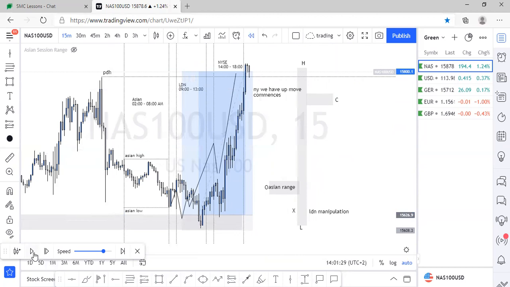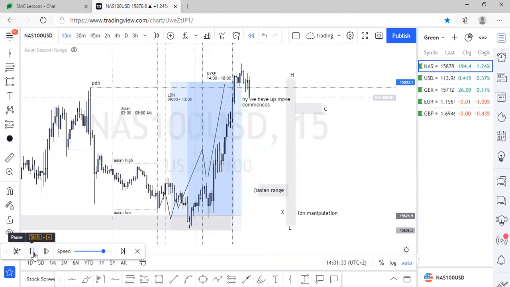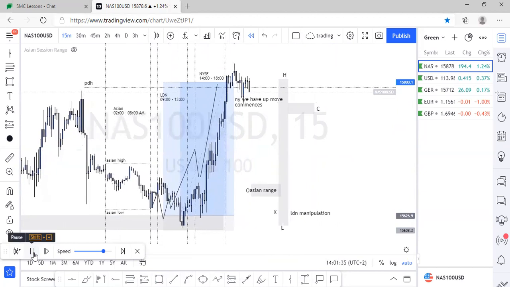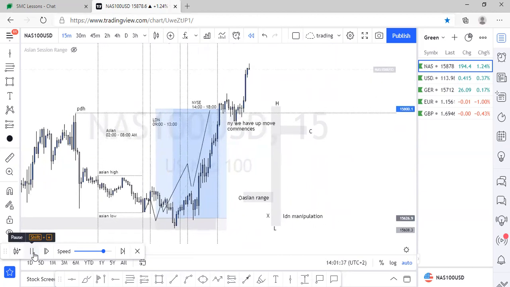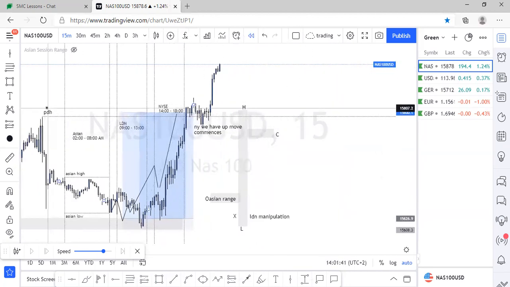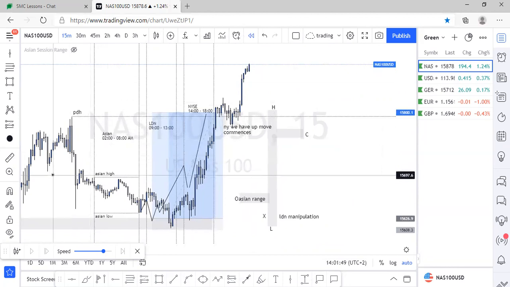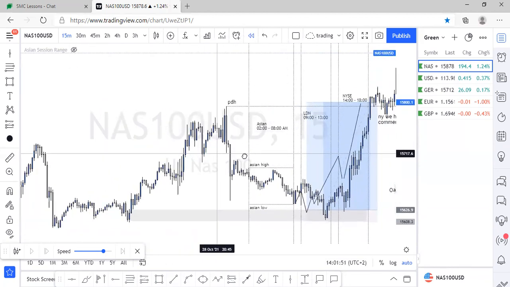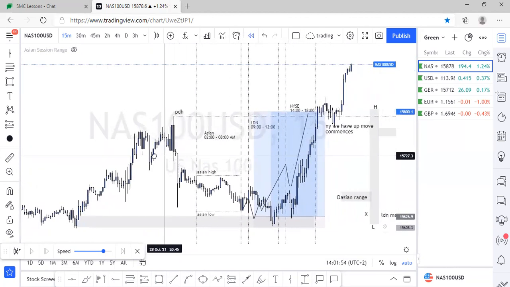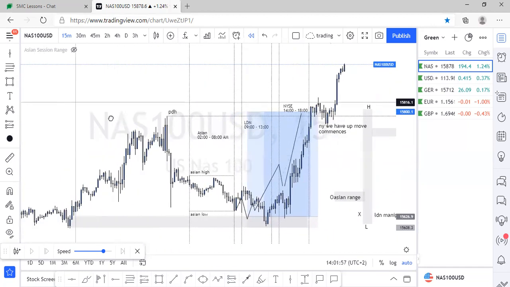Let's see what happened. Okay, so we did lose price without creating the higher low whatsoever. But this is the type of thing that we get to trade on NAS100 mostly daily. This is how we actually get to trade the NAS100.